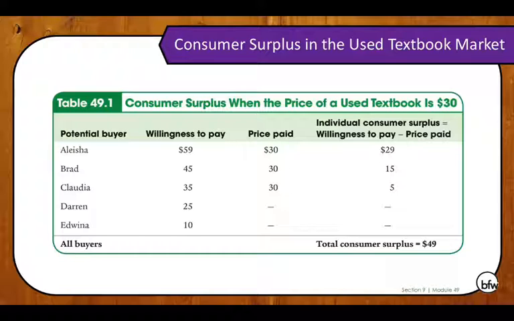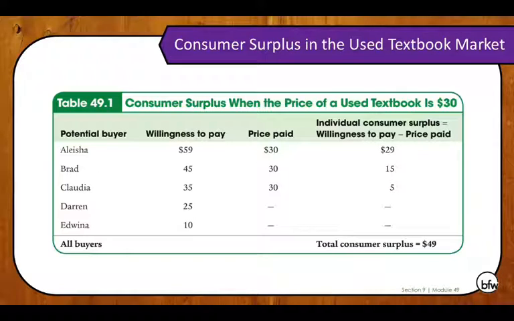Well, the first consumer, the first student, Alicia, was willing to pay $59. So she figures that she will receive $59 of enjoyment from the textbook. But she only had to pay $15 to purchase it. So the difference can be seen as a net gain in happiness for that consumer.